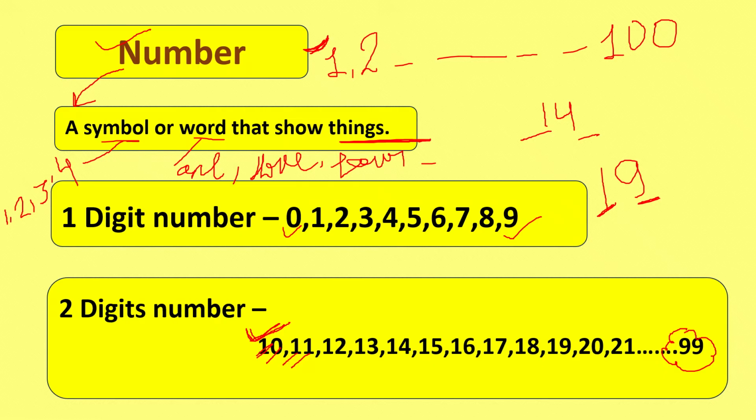When we put them together we get a two digit number. All the two digit numbers are made by first digit numbers. Look at 12: it's a 1 and a 2. The 1 comes from a one digit number, and the 5 also comes from a one digit number.